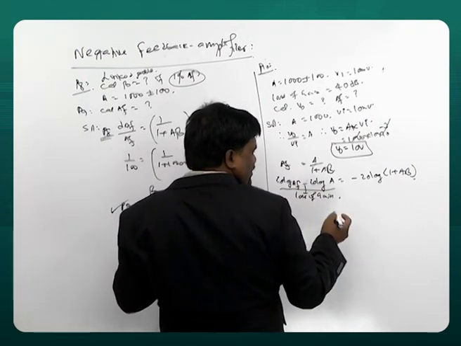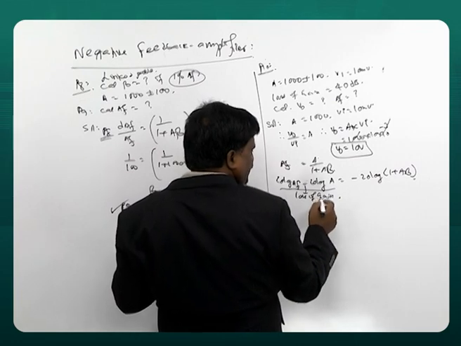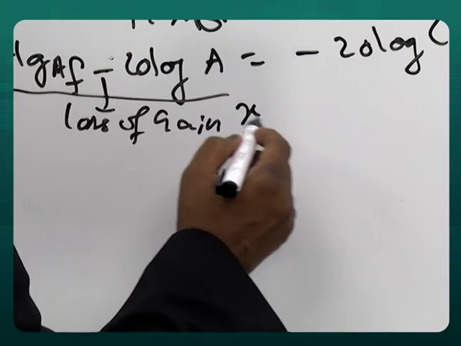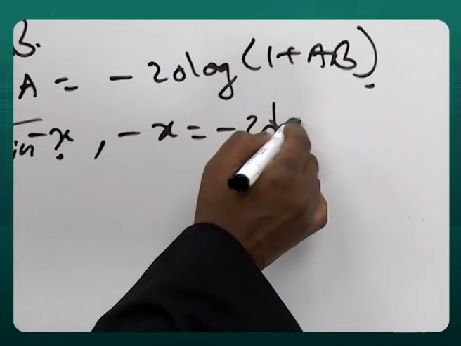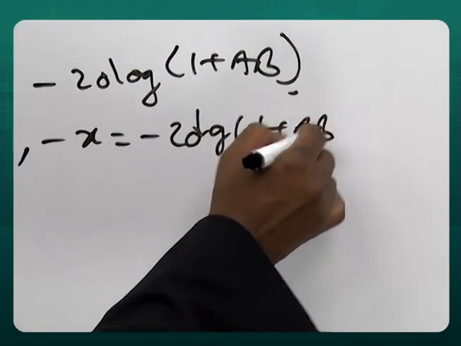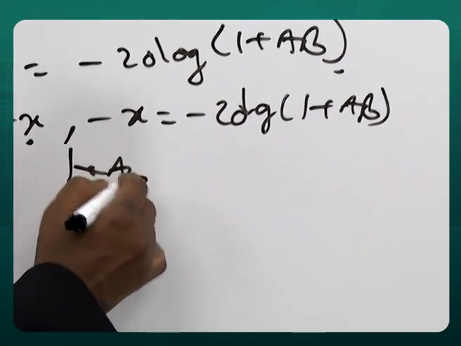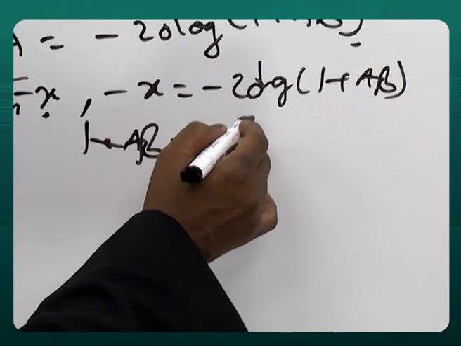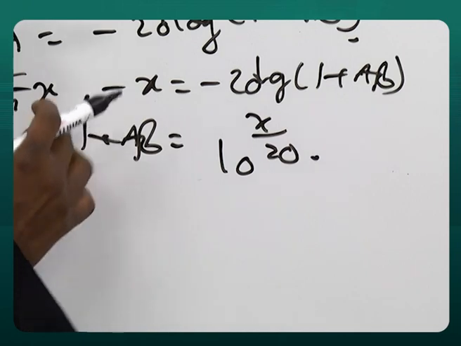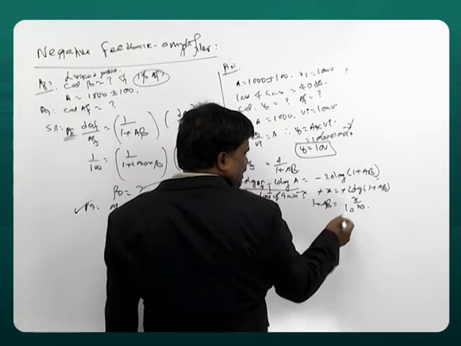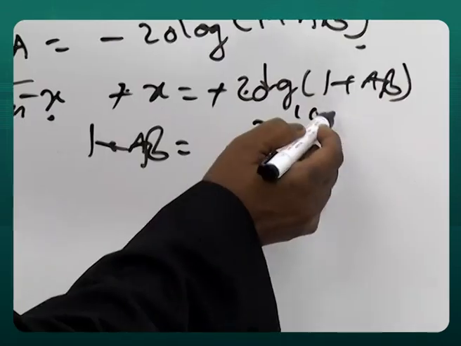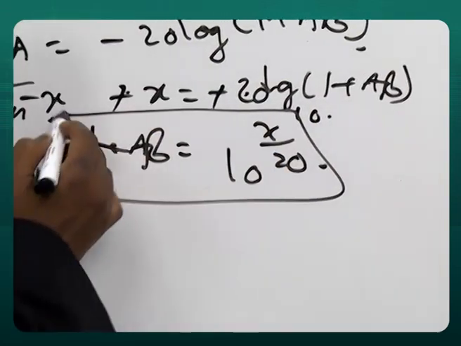Now what he says, for example, if this is minus x, so minus x is minus 20 log 1 plus A beta. So 1 plus A beta is 10 power x by 20. Minus minus cancel, x by 20 log base 10, so it comes over here.